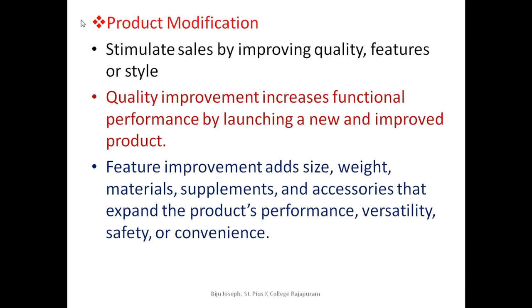And the second method of product modification is feature improvement. Feature improvement adds size, weight, materials, supplements, and accessories that expand the product's performance, versatility, safety, or convenience.